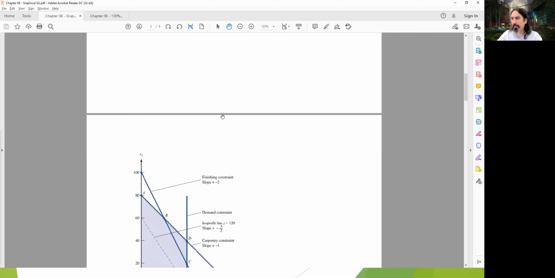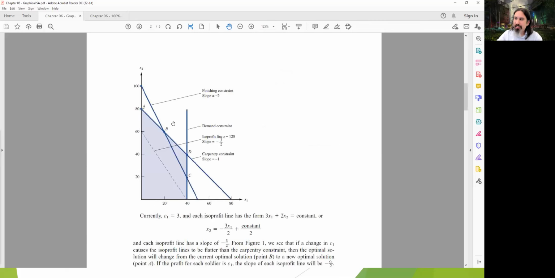Okay, let's try to do this then. Let's assume that I'm changing this value, this 40, in x1 is less than 40. If I increase this 40, this line is transferred to the right-hand side.